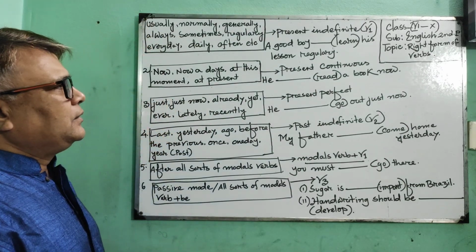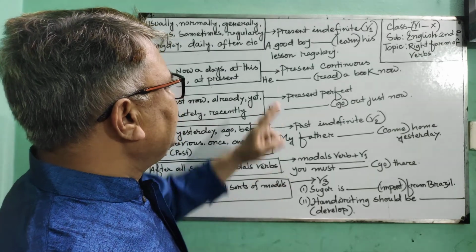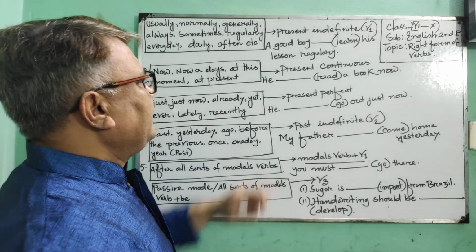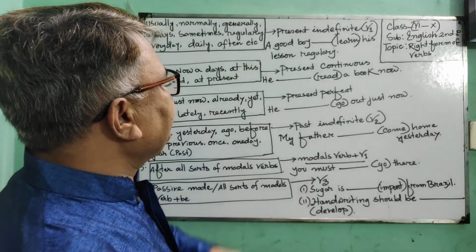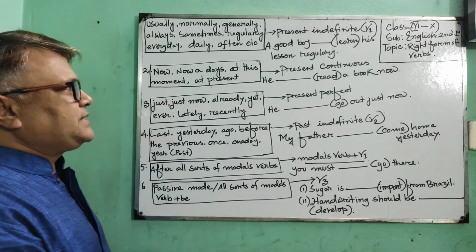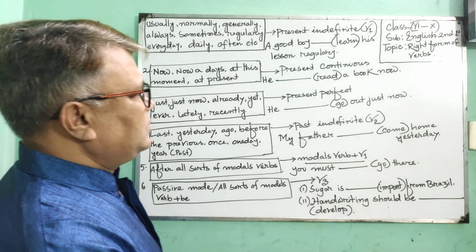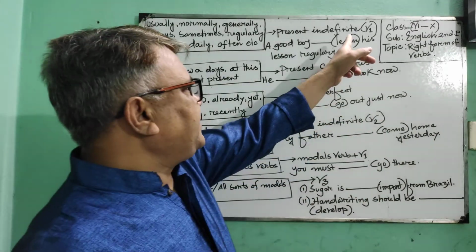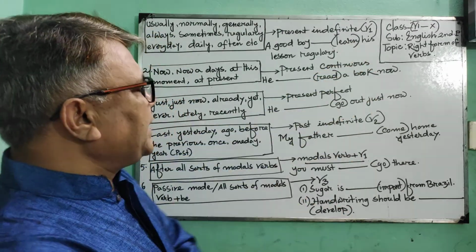It's okay? Dear learners, you should remember that as subject is third person singular number, so you have to add s or es with principal verb.